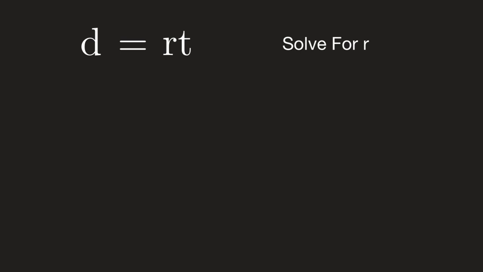Why don't I rearrange this formula and solve it for R, which is rate, so that now I have a formula that will give me the rate. It'll give me what R is if I know the distance and time. And that way I can just plug in distance and time, do the math, and it will give it to me. Okay?